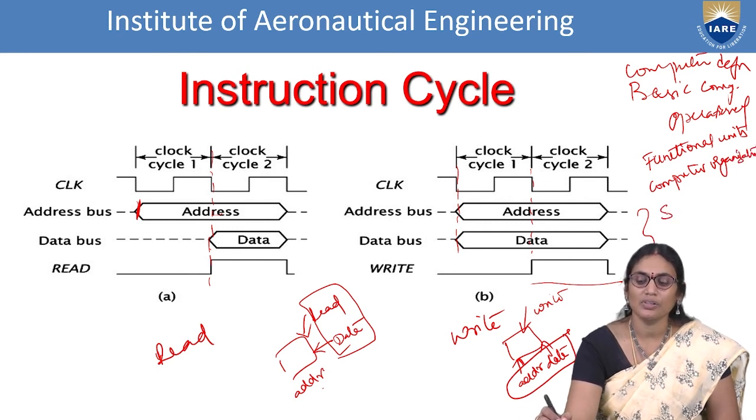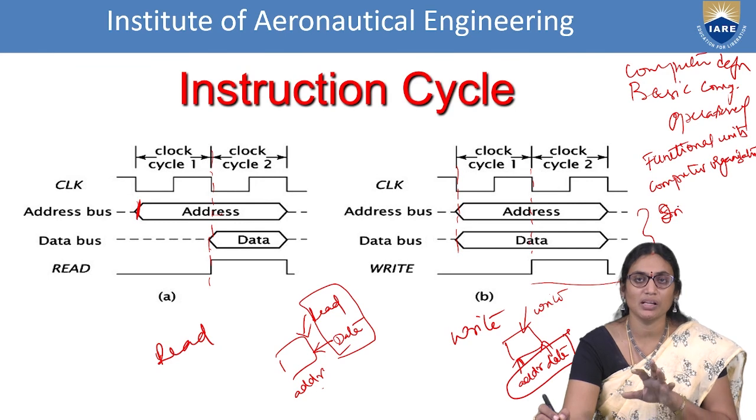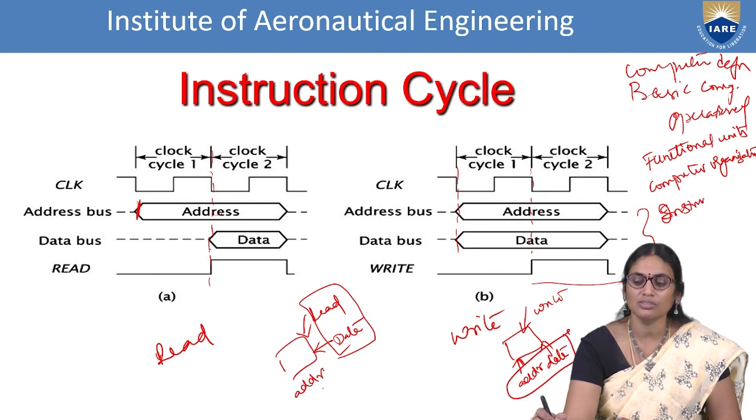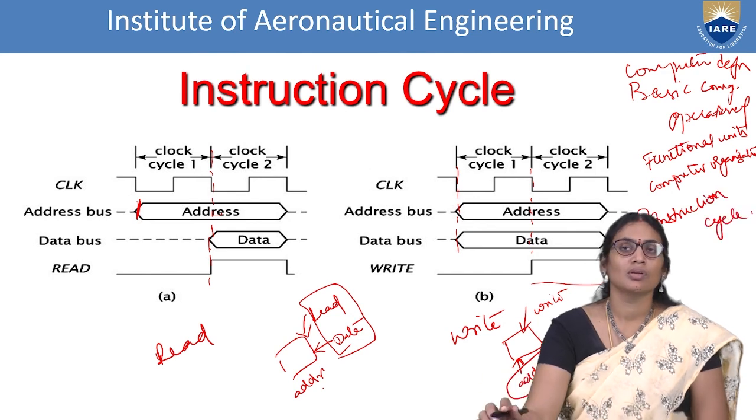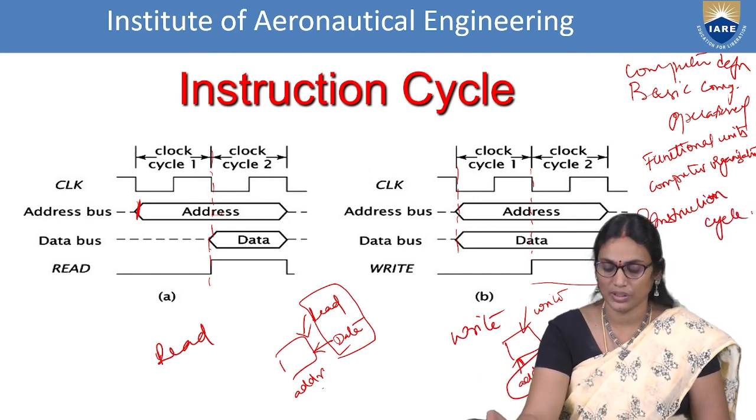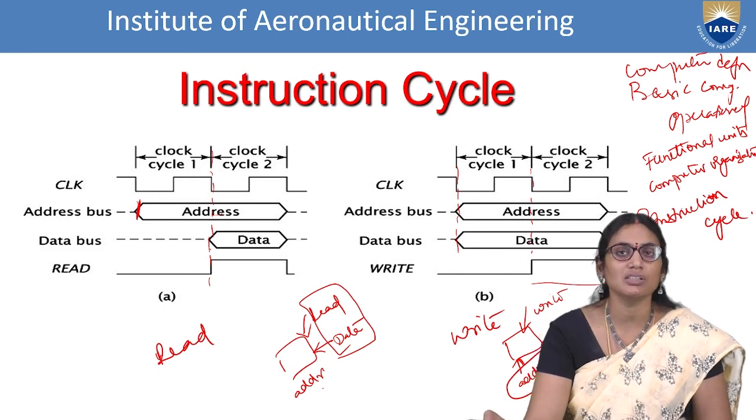And then how the communication is done internally by means of read and write initiation, through instruction execution and the instruction cycle. So this is the way you have to operate. These are the basic components which we have discussed in today's session.